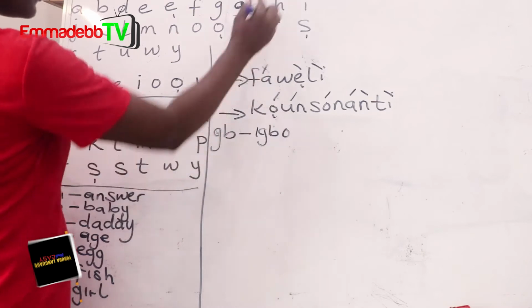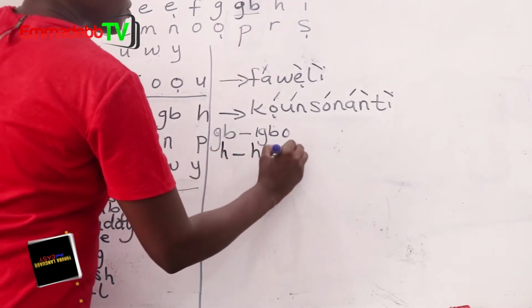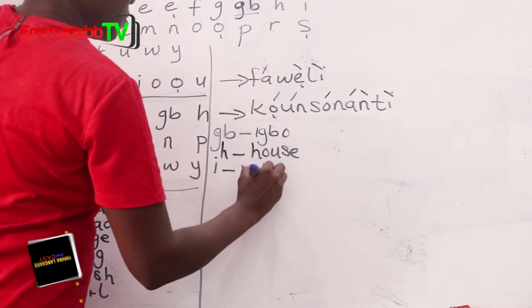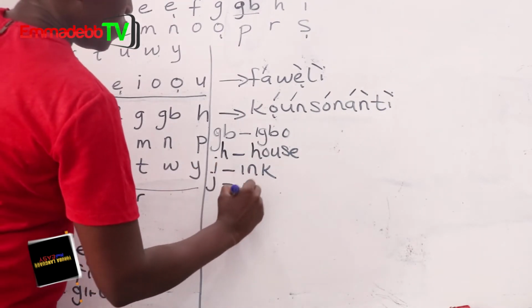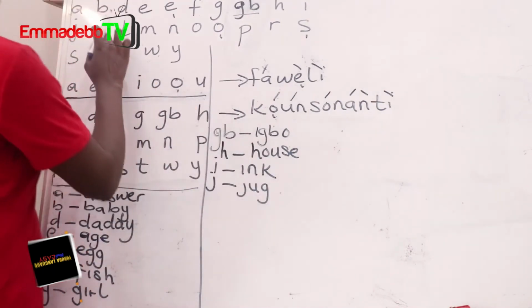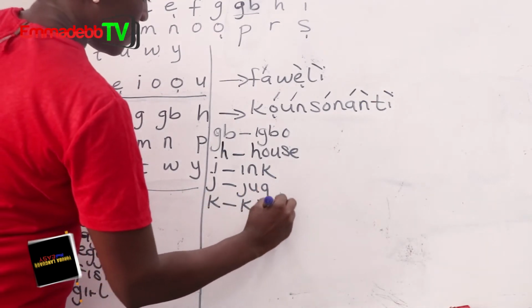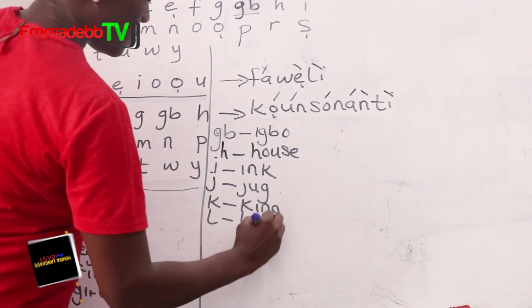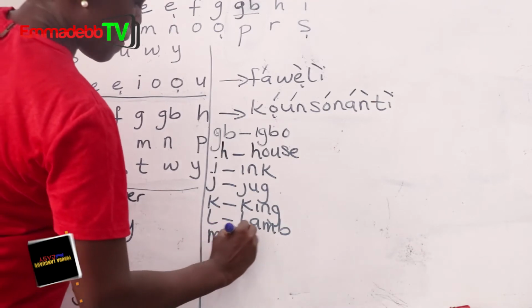Then E as in head. This E as in ink. J as in jug. K as in king. L as in lamb. M as in man.